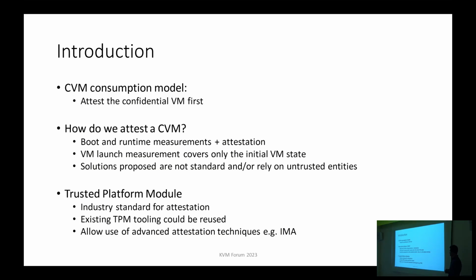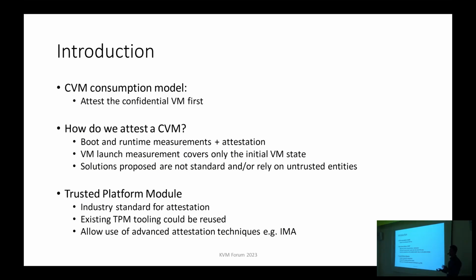But then it brings a question: how do we attest a CVM, a confidential virtual machine? The idea is similar to the one we have on the host. We use measured boot with attestation tools. And in measured boot, we need to measure not only the boot, but also runtime. For confidential virtual machines, we can request a VM launch measurement, which covers basically the initial state of the VM.